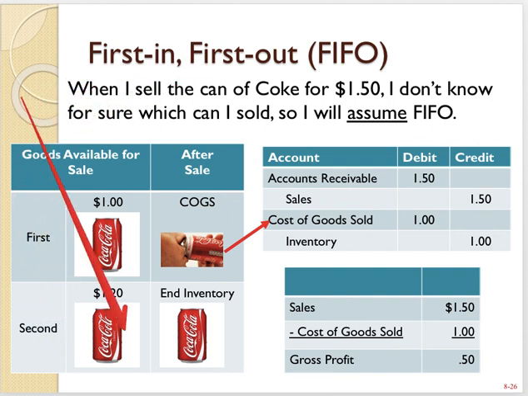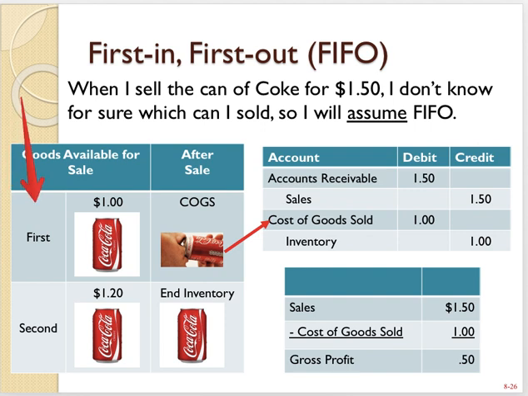And that's why I have the cans associated in the chart like this, because it's putting the inventory into what we call cost layers. And that means each time we buy inventory, we add another layer of cost to this situation.